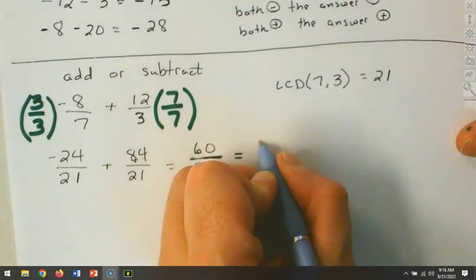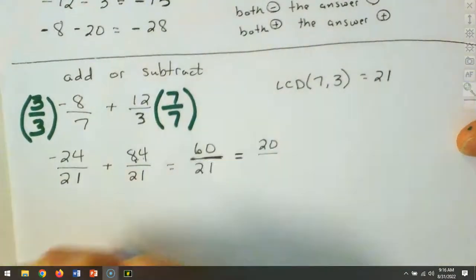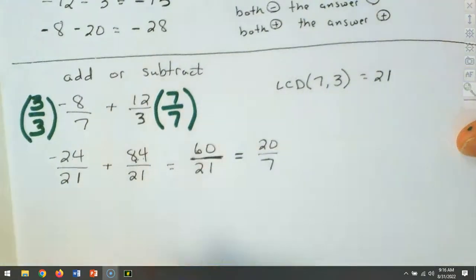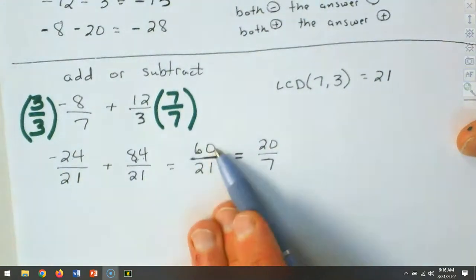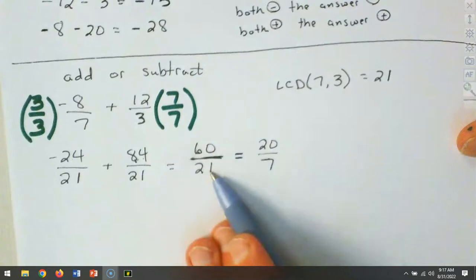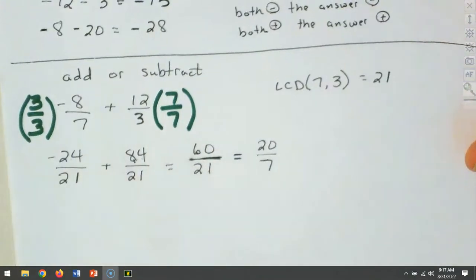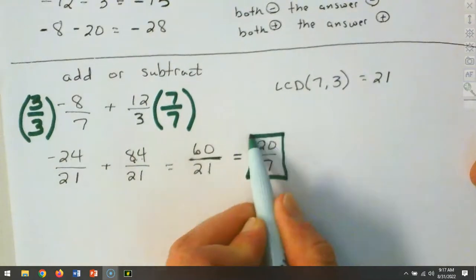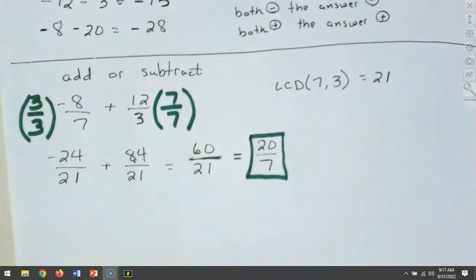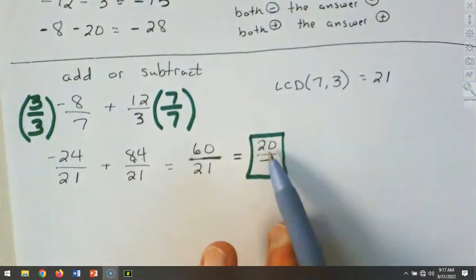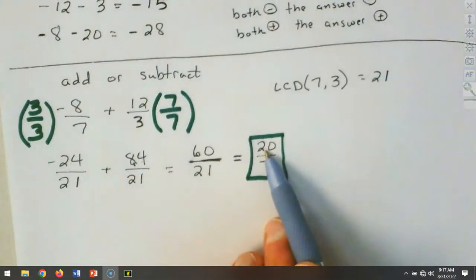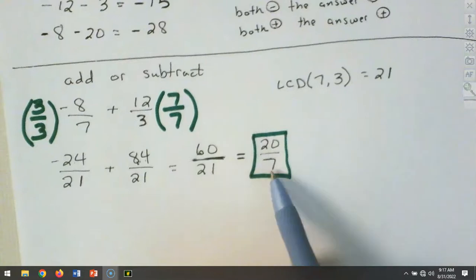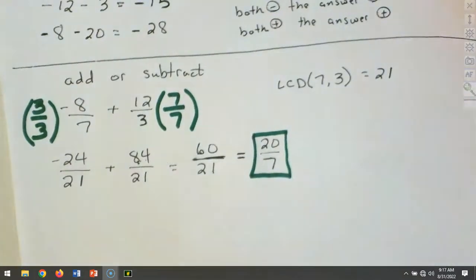So this would then reduce down to be 20 over what? 7. Because these have 3's in common. 3 is in 60, and a 3 is also in that 21. So that would then reduce down to be 20 over 7. We cannot go any further. Why not? Okay, yep, because 20 has 2, 4, and 5 in it, and 7 has none of those in common. 7 won't break down.